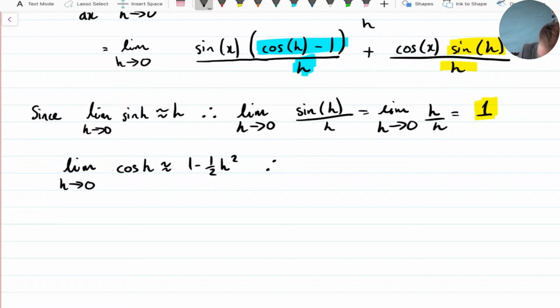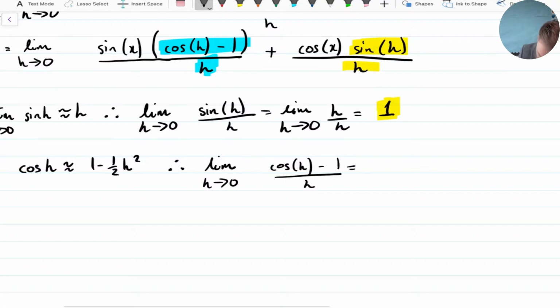So therefore, the limit of h tending towards 0 of this blue part here, which is cos of h minus 1 all over h, is equal to the limit of h tending towards 0 of 1 minus a half h squared, because that's what cos is, minus 1 all over h there.